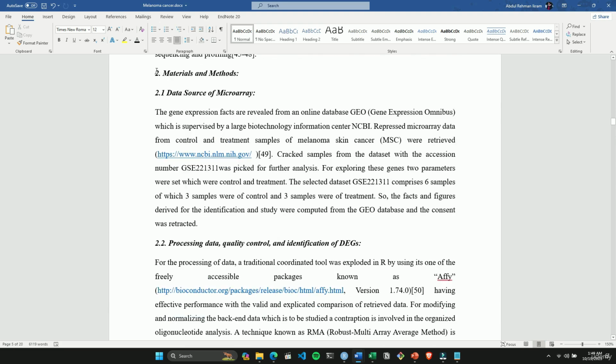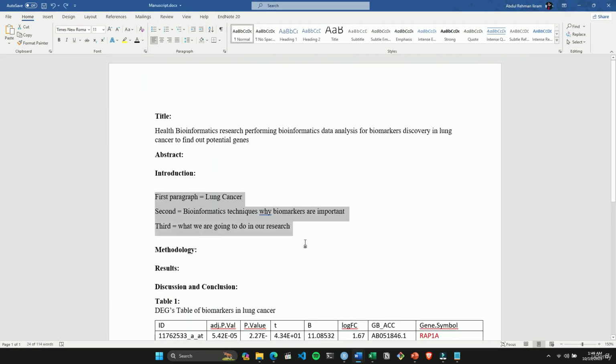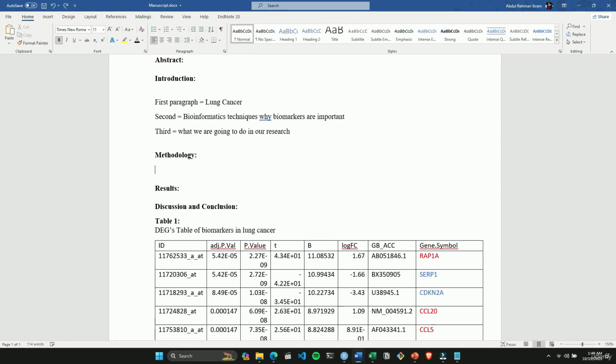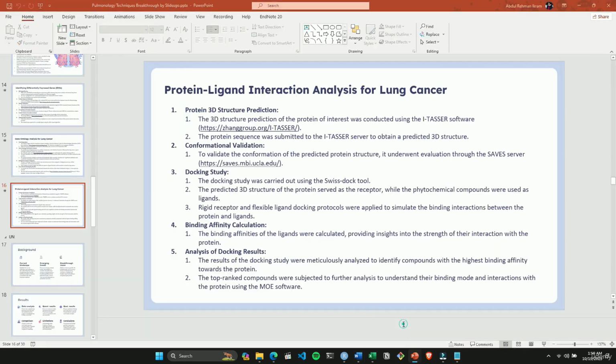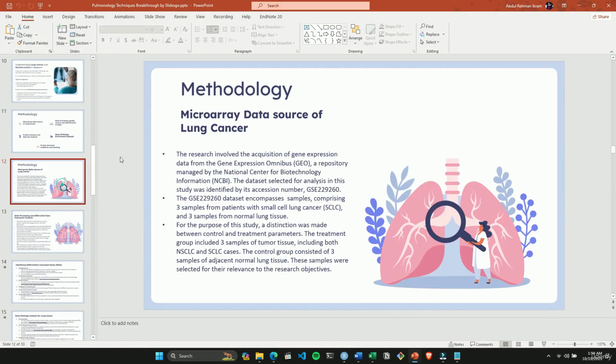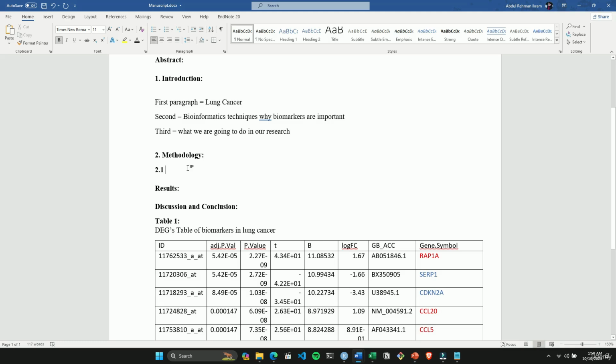After that, we have moved to the materials and methods section. So now we are at the methodology. Section 2 will be our methodology, 1 was our introduction, and 2.1 will be the analysis that we perform. The first analysis we perform is the microarray data source of lung cancer.